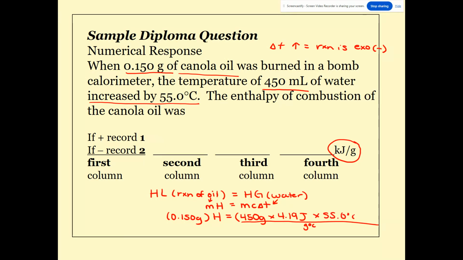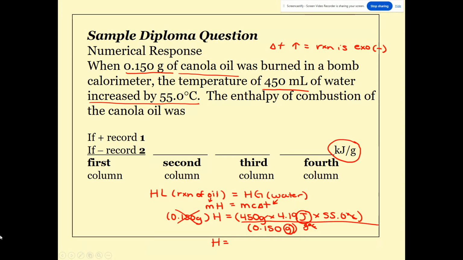We don't have to solve for it. So my grams cancel, my degrees Celsius cancel, we're left with joules, and then I'm going to divide again both sides by 0.150 grams. So I'm going to get left with joules per gram to start.